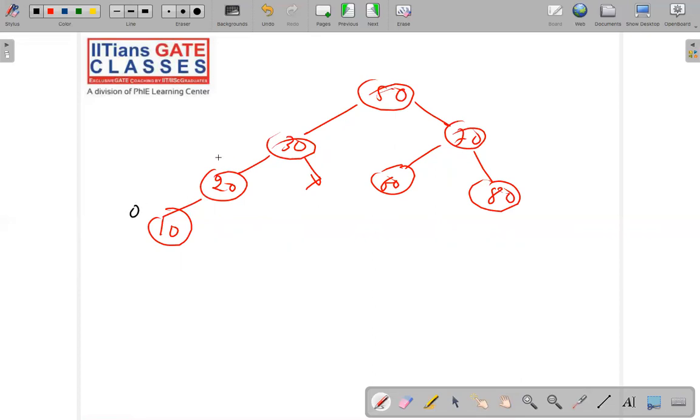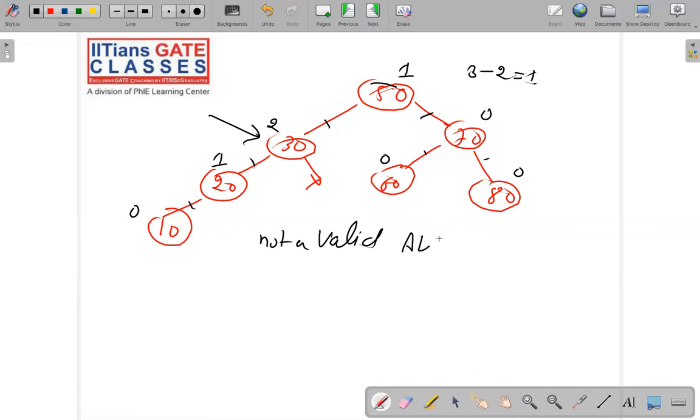It's 0 for this node, 1 for this node, and 2 for this node. 0 for this node, 0 for this node, 0 for this node. Okay, and 1 for this node. Why 1? Height of this tree, like see, 1, 2, 3. 3 minus 2 equal to 1, right? So it's imbalanced at this node. Still, it's imbalanced. So it is not a valid AVL tree.